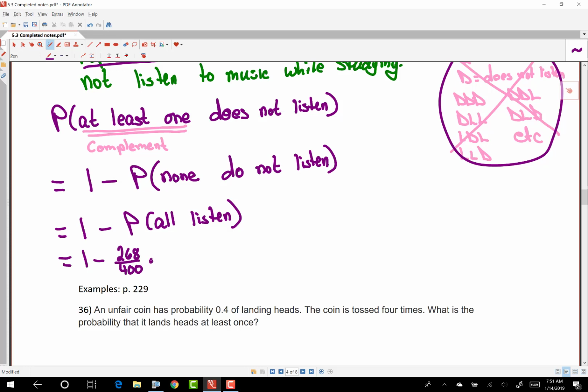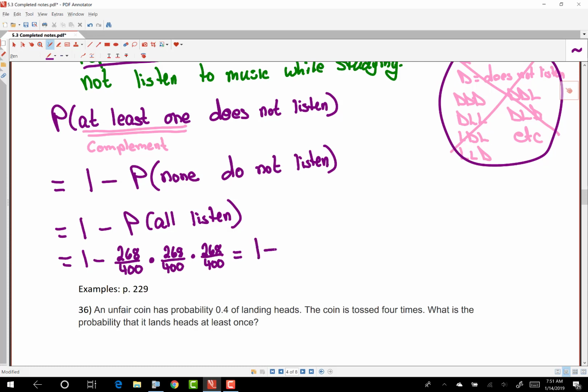And then we're going to multiply just like before because we're selecting more than one. Then the probability that the second person listens, well, we were doing this one with replacement. So that's going to be 268 out of 400. And then the probability that the third person listens is 268 out of 400. And then we're going to subtract that from 1.